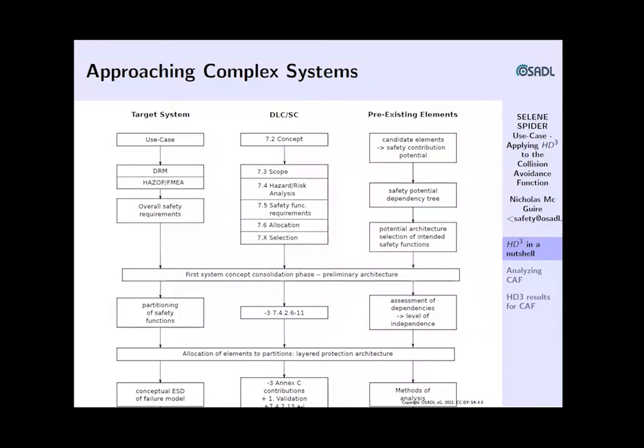And the interesting thing about that is that part 1 is system level. It's prior to actually allocating any of these functions to hardware, software, or other technologies, as 61508 will term it. So in part 1, you're looking at it at a technology agnostic level. You're saying, I have a safety function, I don't want to have collision.